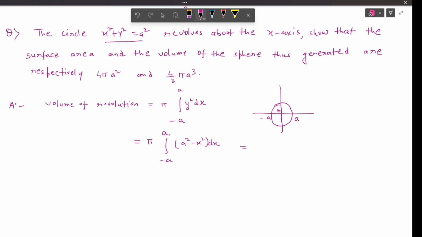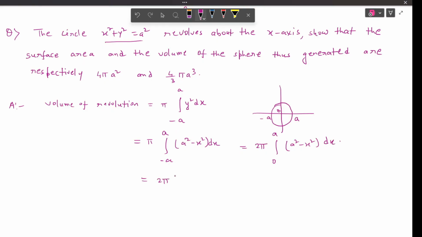This is from minus a to a, so it will be twice 0 to a of f of x. So it will be 2 pi integration 0 to a of a square minus x square dx.